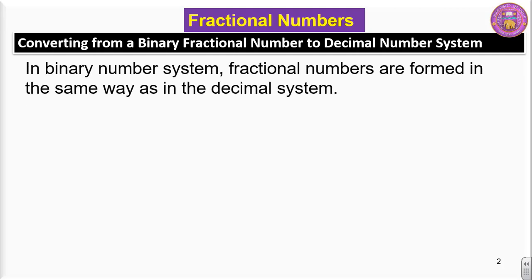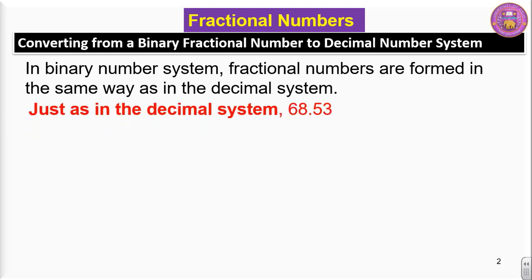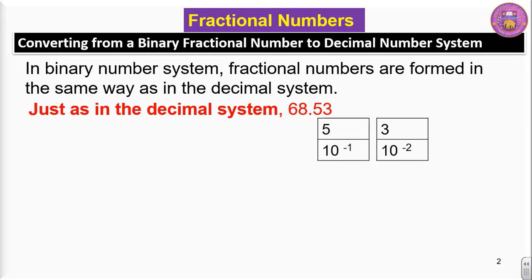In binary number system, fractional numbers are formed in the same way as in the decimal system. Just as in the decimal system, the value 68.53, we represent it like this: 3 multiplied by 10 raised to power minus 2, 5 multiplied by 10 raised to power minus 1, 8 multiplied by 10 raised to power 0, 6 multiplied by 10 raised to power 1.